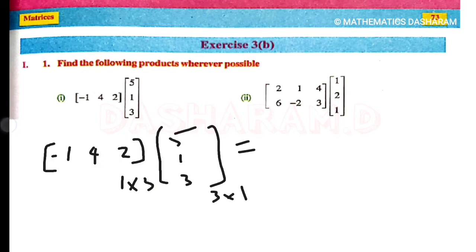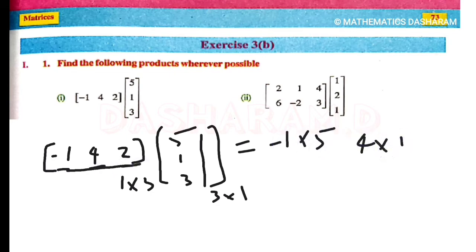See how I am multiplying the two matrices. Here the first row multiplies with the first column. The first element is minus 1 into 5, next 4 into 1, next 2 into 3. Now put the plus symbol between them.